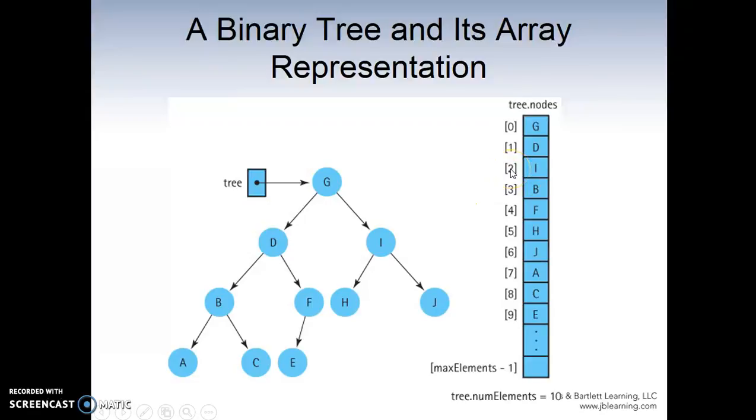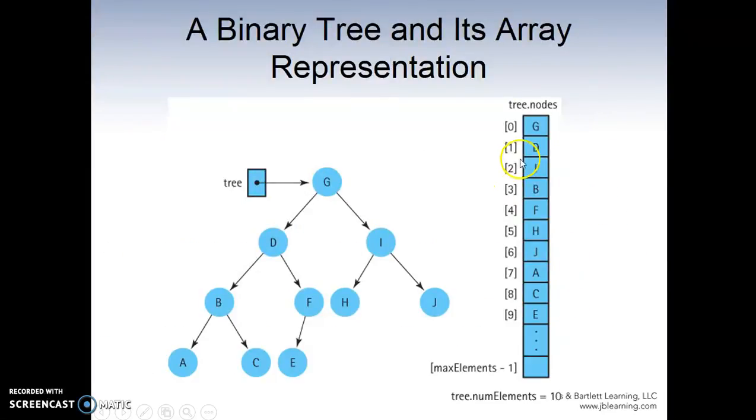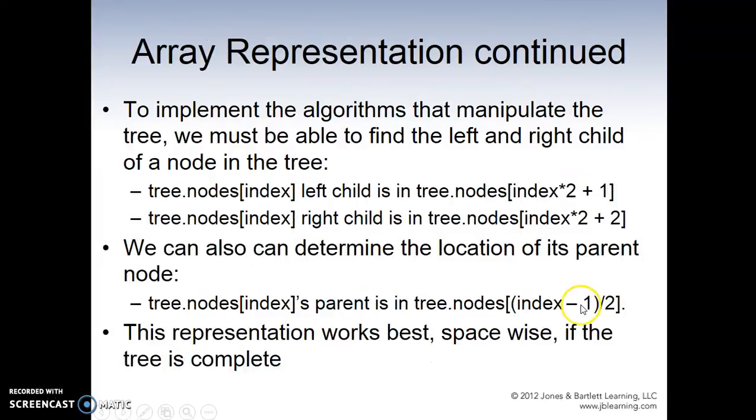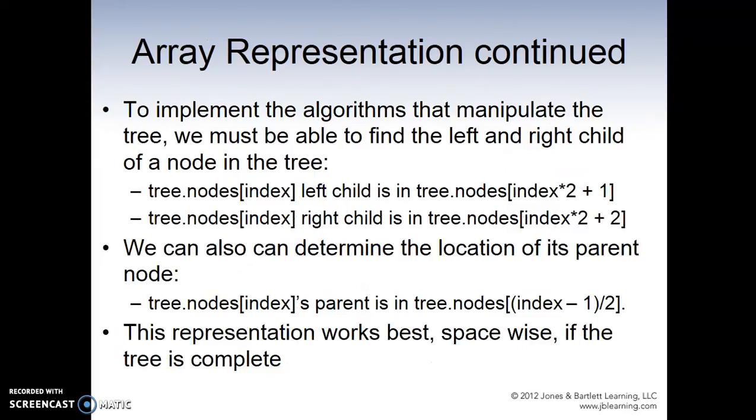Index is 2, so index minus 1 is 1, divided by 2 is 0. Jump to 0, which is G. Same, who is the parent of A? A is index 7, 7 minus 1 is 6, divided by 2 is 3. So jump to 3, B is the parent of A. So with this algorithm, we can use an array to implement a BST.